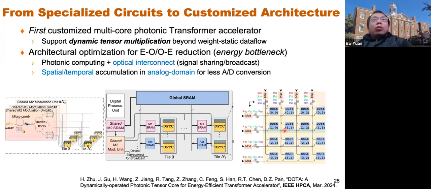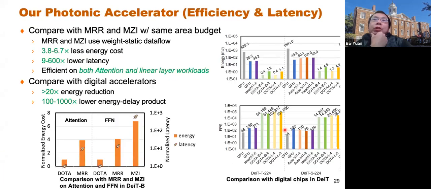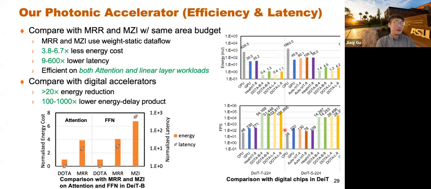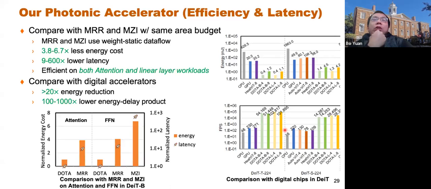Okay. And also, I'm curious about your next slide, about your comparison with the GPU and those things. Is this energy reduction or the energy delay product for the entire end-to-end system or for one layer?